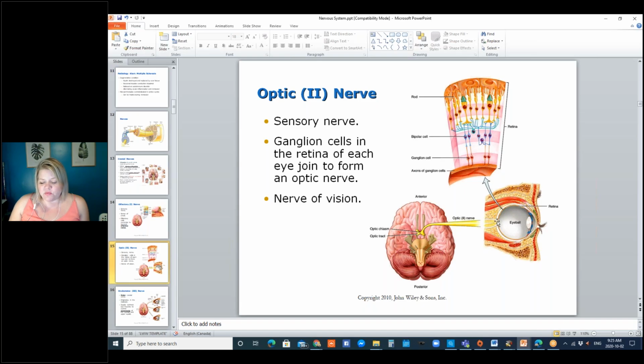The retina is at the back of the eyeball, and this is where all of the sensory photoreceptors are located. They converge on an optic nerve, which then relays the sensory information back into the brainstem and is processed in the brain in vision centers.